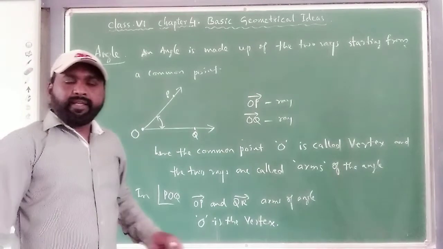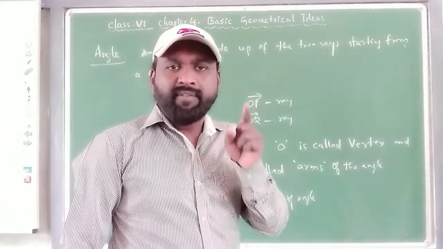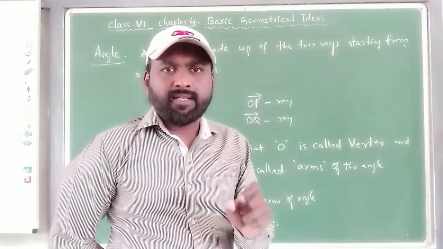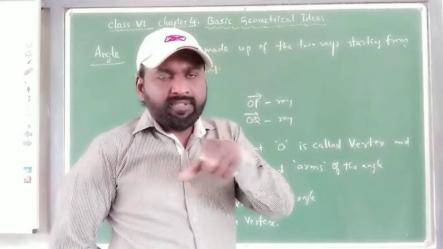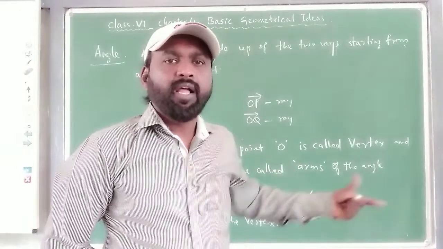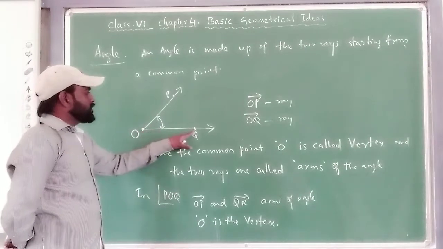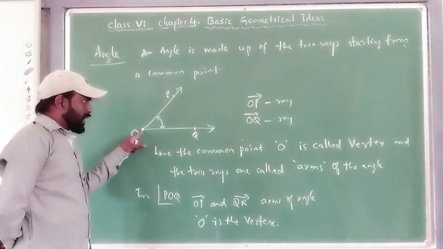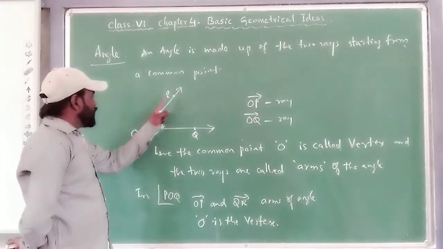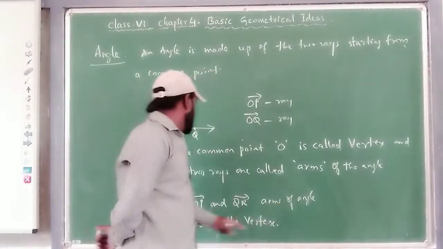What is the angle? An angle is made up of the two arms or the two rays which have a common point to start. That common point is known as the vertex, and the two rays which are starting from a common point are called arms of the angle. So in this angle, OP is one ray, OQ is one ray, both the rays are starting from the point O. So this O is known as the vertex, and the ray OP and the ray OQ are known as the arms of the angle.